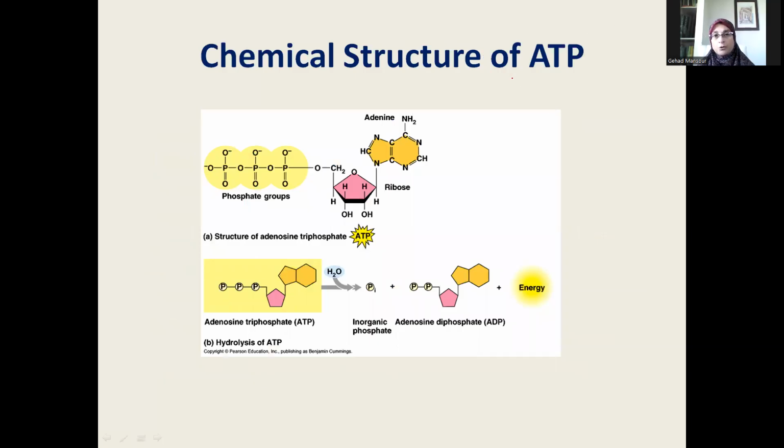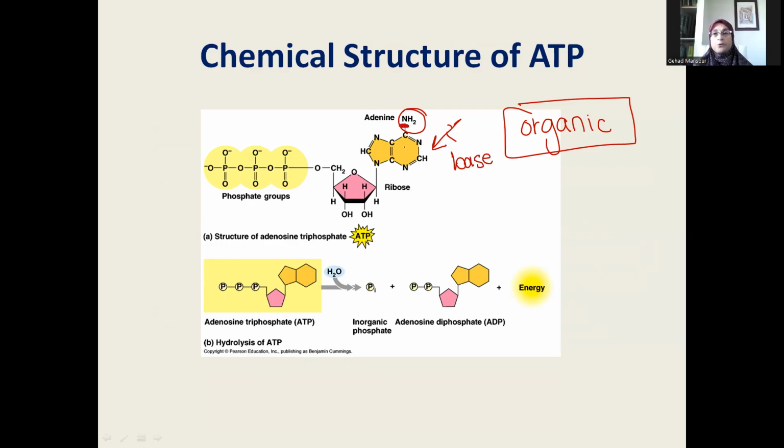This is the structure of ATP. Of course, it's all organic, meaning that it contains carbon and hydrogen. So ATP is an organic molecule. It consists of a nitrogenous base, and we call it a nitrogenous base because it contains the amino group, and therefore it contains nitrogen.